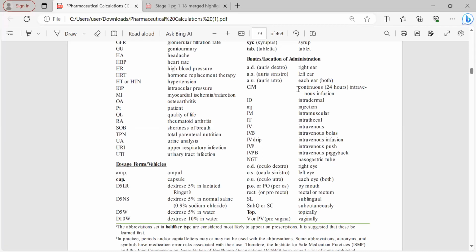Then they were asking what instructions should follow that prescription. So if it's that, then at least the instruction should be something like for the ear or do not ingest, something like that. So for the ears, then for the eyes, they are here. So right eye, left and both.